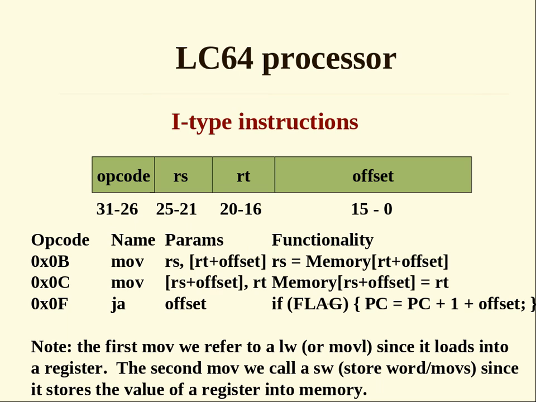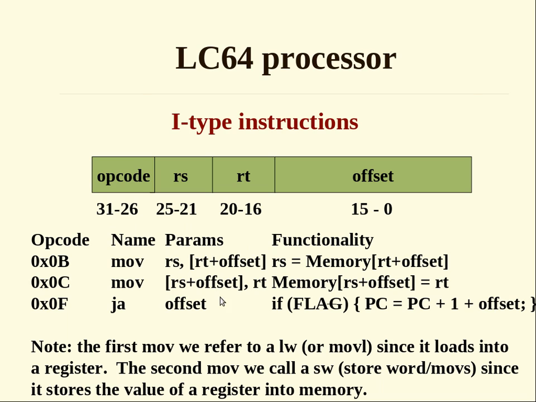Store word does it in the opposite direction, where the memory at RS plus whatever offset you have is equivalent to whatever was in your RT register. So just to make sure this is clear, because sometimes this can be a little confusing, what this is doing is taking the contents of RT, let's say it's 5, add the offset, and here it could be 5 as well, so 5 plus 5 is 10, jump to memory address 10, read it, store it into RS.